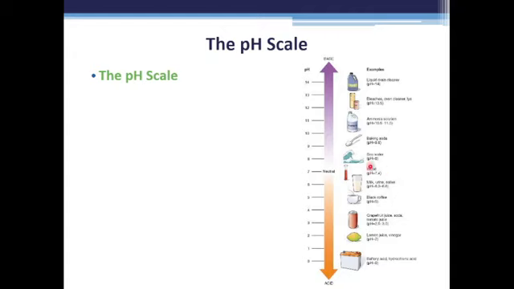Of course, our body doesn't want that. Therefore, our body uses buffers to resist changes in pH. These buffers can absorb excess hydrogen ions and release hydrogen ions when levels drop. So it kind of balances the pH level of your body.